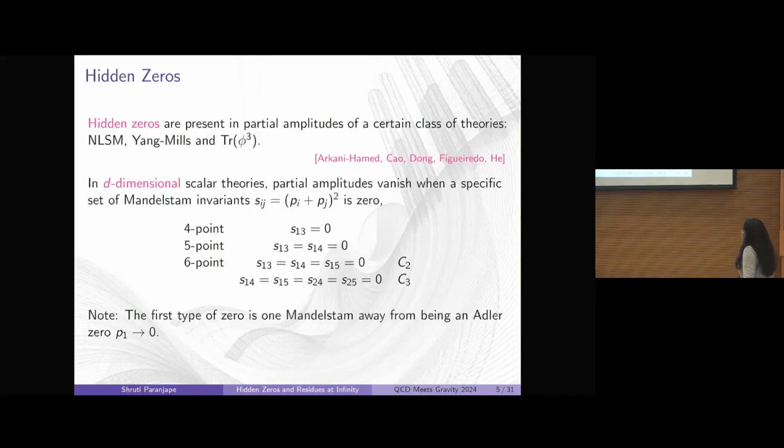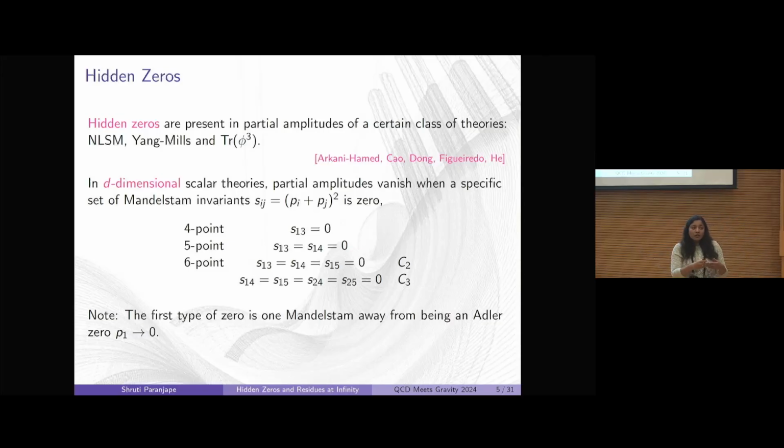Okay, good. So what are these zeros? These are zeros that are present in theories like the NLSM, Yang-Mills, and trace phi cubed. And recently, they were discussed in a lot of detail in this paper over here. Good. So at 4 point, this looks very simple. It's just an angle zero.